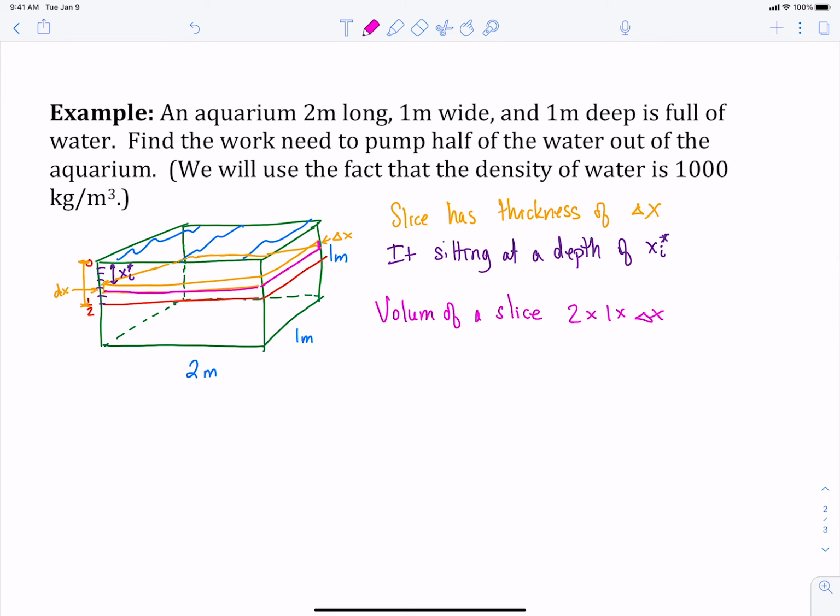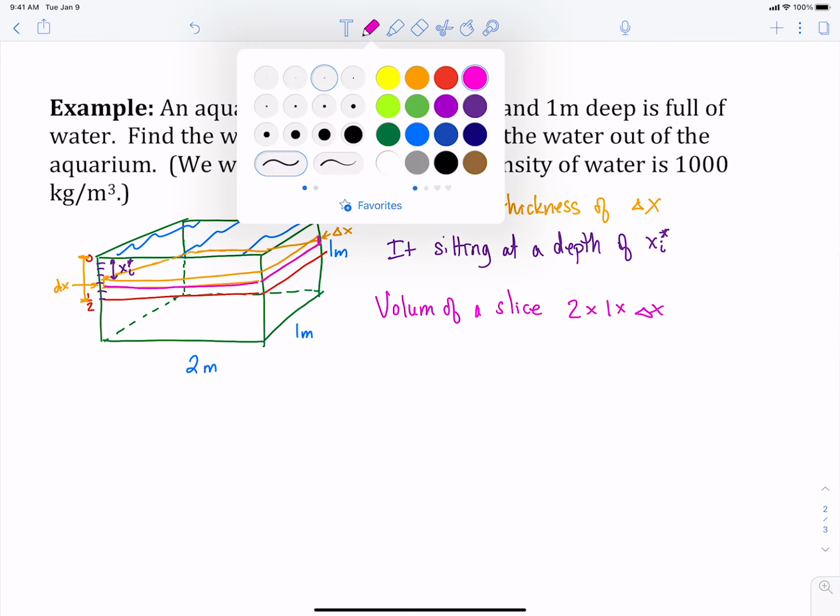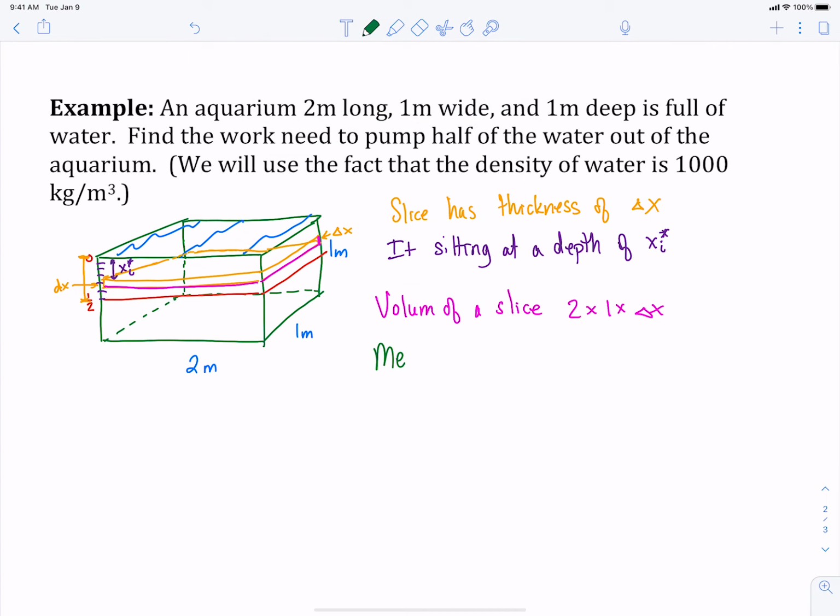And let's see, what's next? What's the mass of each slice? Because we also need the mass. Let's grab another color. Oops, I left the e off volume. That's bothering me. And then I started to write mess instead of mass. Oh my gosh. Mass of a slice.